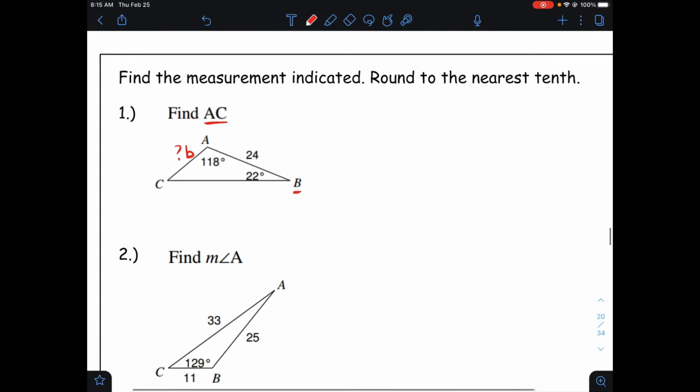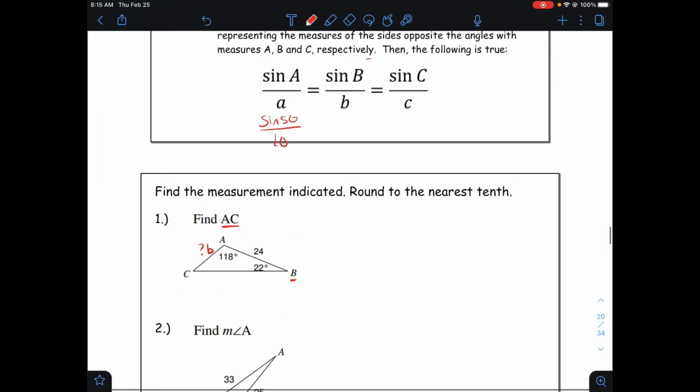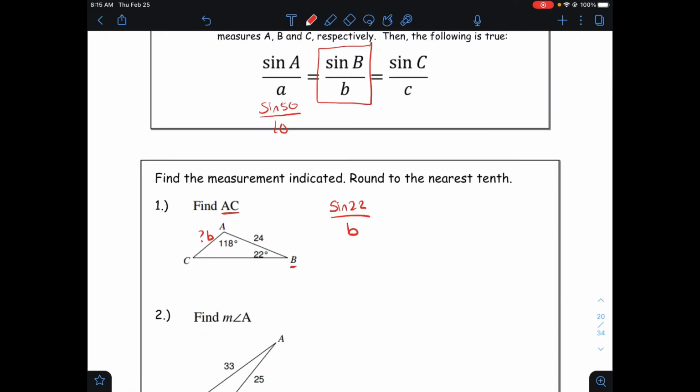So we can start setting up our proportion. We're going to want to use sine of B, so we could do sine of 22 over b, and we don't know what that side is equal to, so we can't plug in a value for that yet. Then we need to set up another one of these.